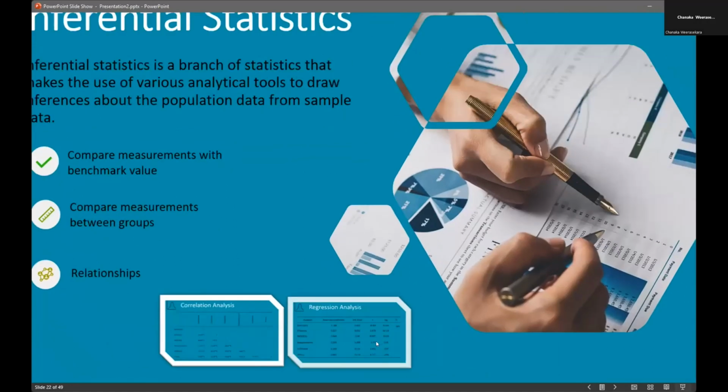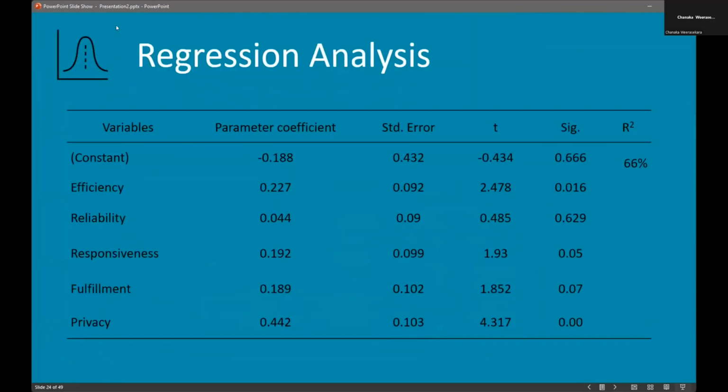So there is another popular one, regression analysis. I think almost all of you are going to use regression analysis. This is how you should present the regression analysis. You can see all the variables: efficiency, reliability, responsiveness, fulfillment, and the parameter coefficient is there.